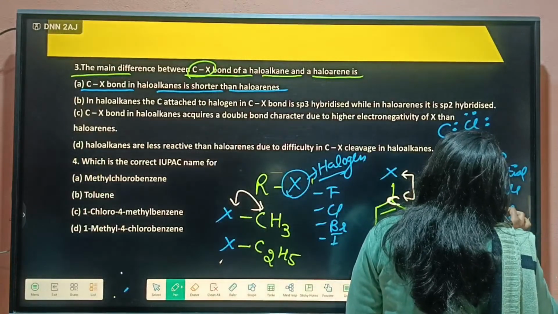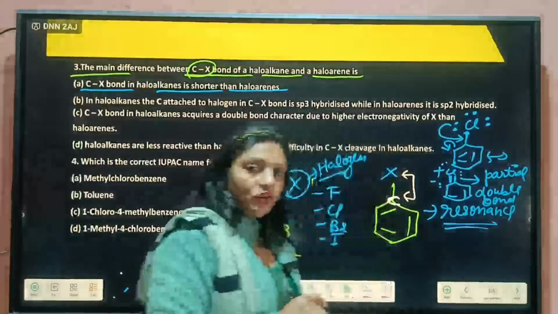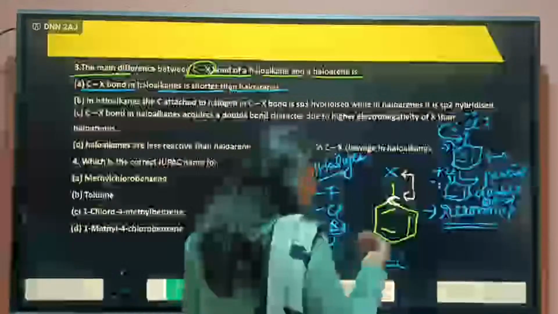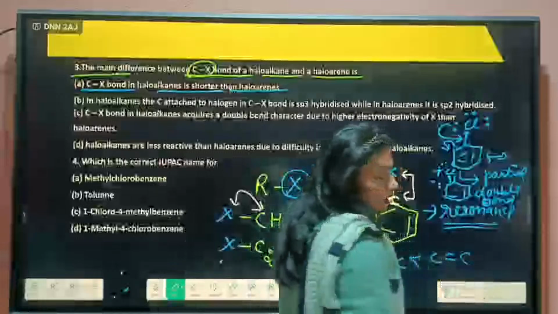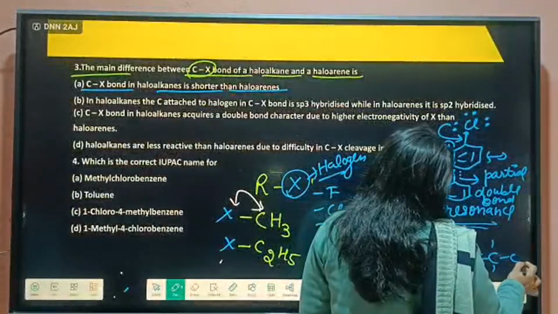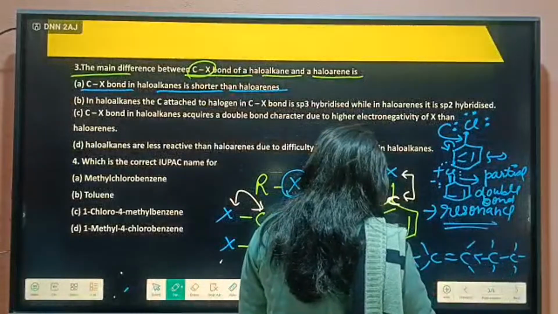And students, you know, the triple bond has the lowest bond length, then the double bond, and bond length will be maximum in a carbon to carbon single bond.